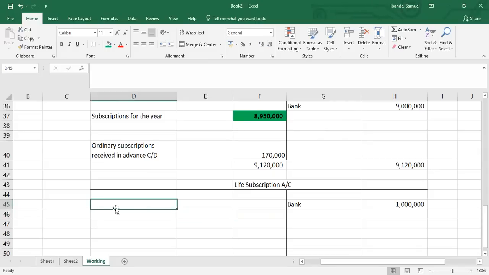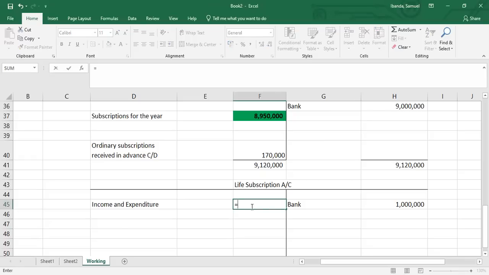So in this year, we shall have income and expenditure. Remember, this 1 million is for 10 years. So basically, every year, the 1 million divided by 10 is what you recognize every year.